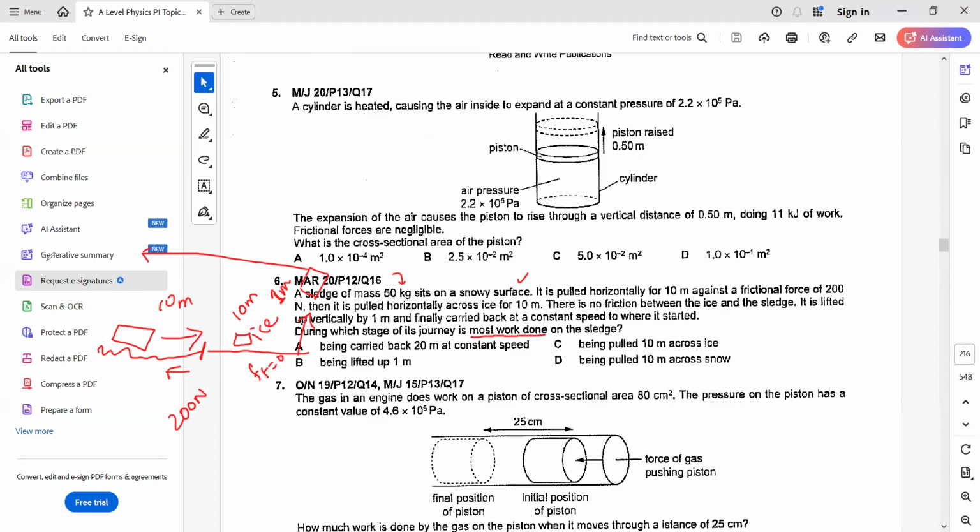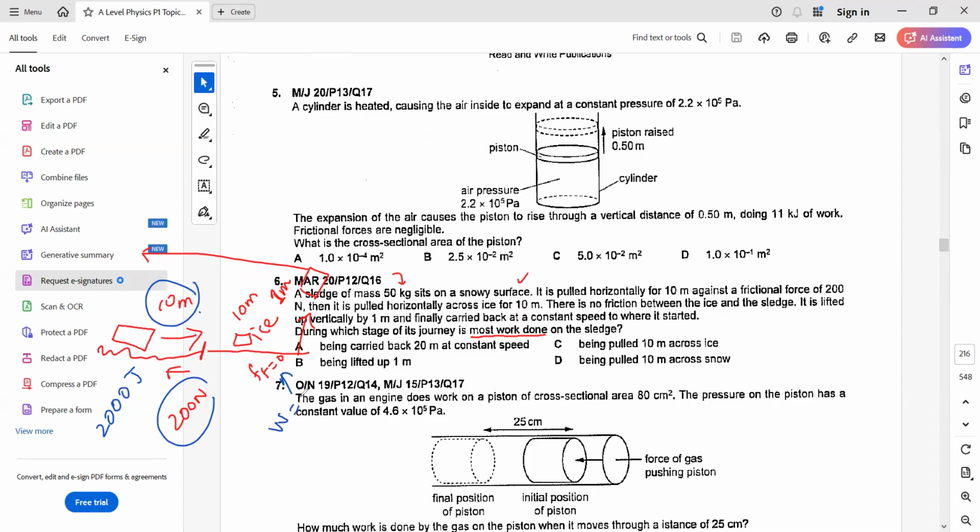So we have to figure out the amount of work done on each of the components here, and then figure out which one is the greatest of all. So this is 10 meters, and that's 200 newtons. So frictional force and work done would be 2000 joules here, right? And then here, there was no friction. So practically speaking, zero work.